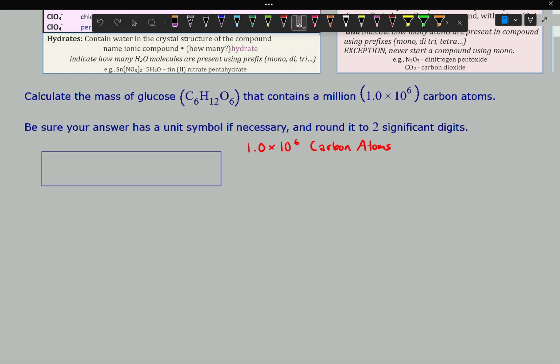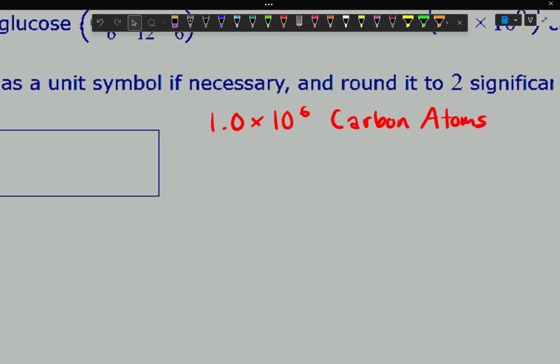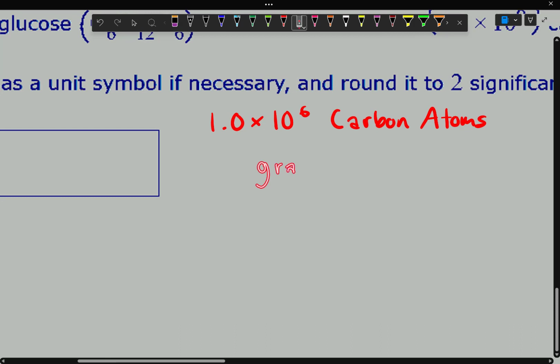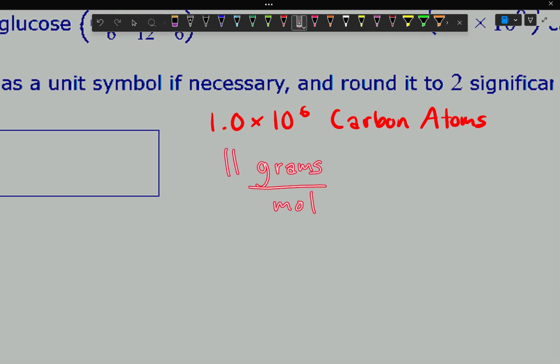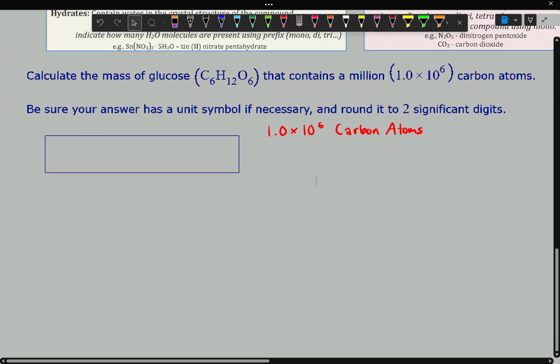Now, in order to find the mass of glucose, you're going to want to know what its molar mass is. Remember, molar mass is grams per mole. So that is the number of grams in 1 mole of a substance. So that's going to be very useful when finding the mass of anything, really.